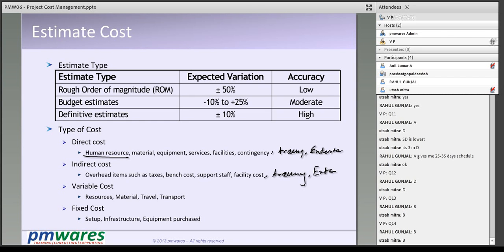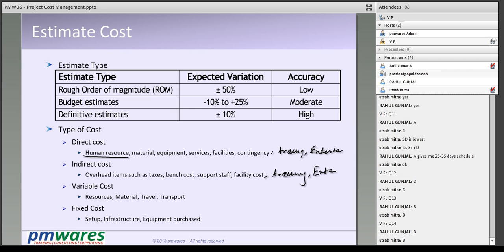So these are indirect costs. A bench cost: the organization is keeping some people free so that the project can be executed or started quickly, and therefore the bench cost will be an indirect cost.